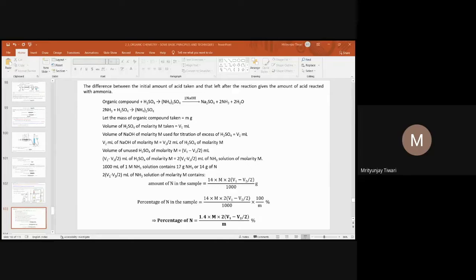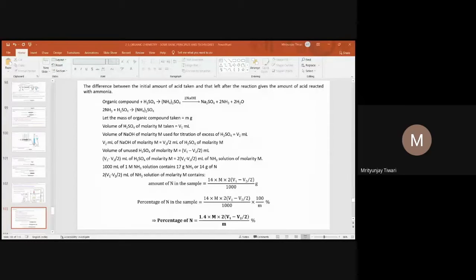So we write the atomic mass of X divided by the molecular mass of AgX, into M1 gram. This is the mass of halogen present in the organic compound, and the same amount is present in the AgX as well.